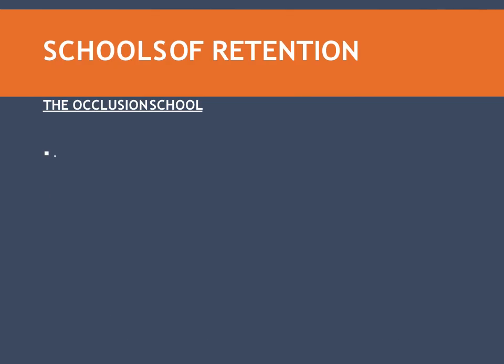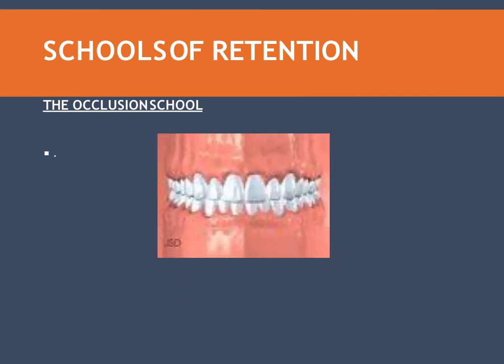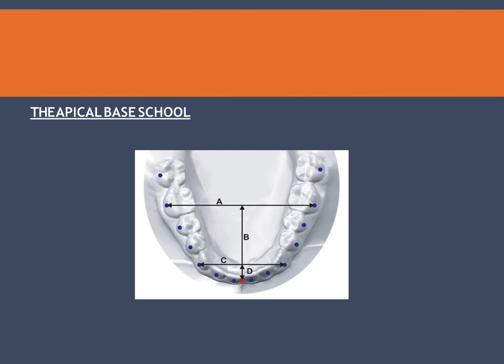So there are various schools of retention, as in there are various authors who have said that if you achieve this post-treatment, then there are chances that you will be able to retain the corrected results and there'll be no relapse. So first of all is the occlusal school by Kingsley, who says that if you get a perfect interdigitation of your posteriors, then there'll be no glide along the cuspal inclines and you'll have a perfect retained occlusion.